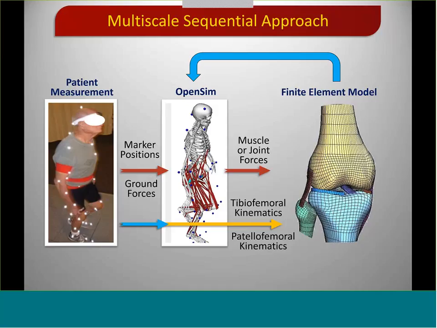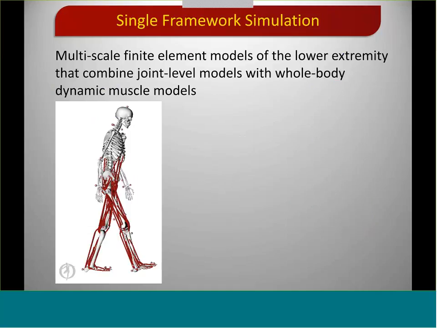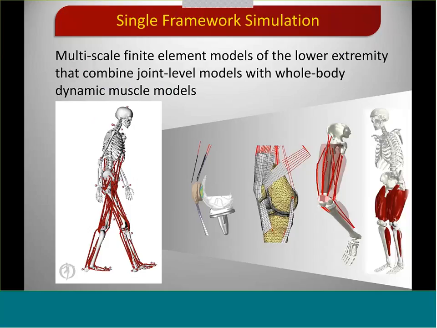So for us, using OpenSim as a guide, we're doing this by increasing the realism and completeness of the finite element model to preserve the interactions between the whole body function, the muscle force, and joint level mechanics. Our long-term objective is to create one multi-scale model that combines a realistic model of the knee with a complete model of the body segments and muscles.